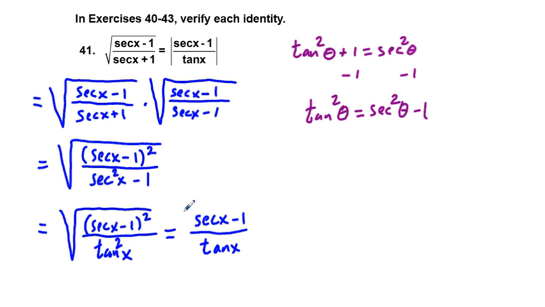And we know we have to have the absolute value of that, because we can't take the square root of a negative number, and so that's why we have to have the absolute value. And so that's the verification of the identity in problem 41.